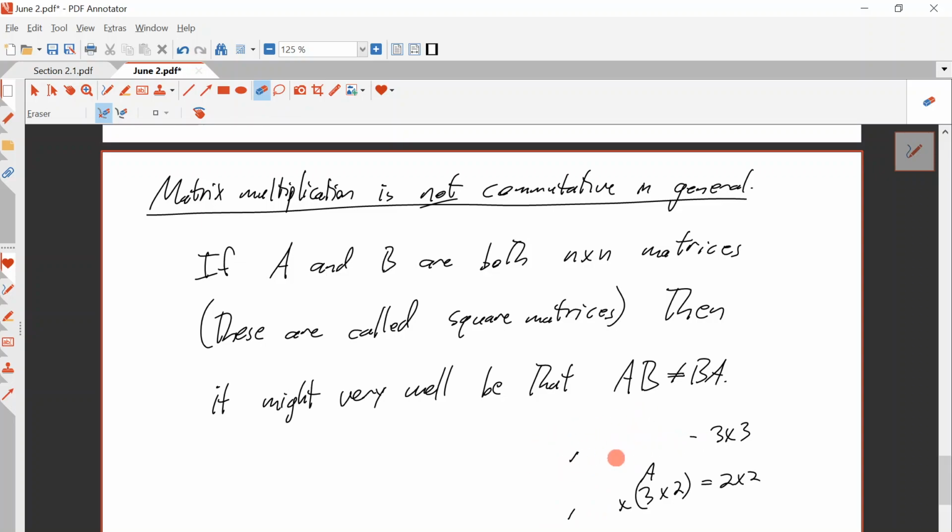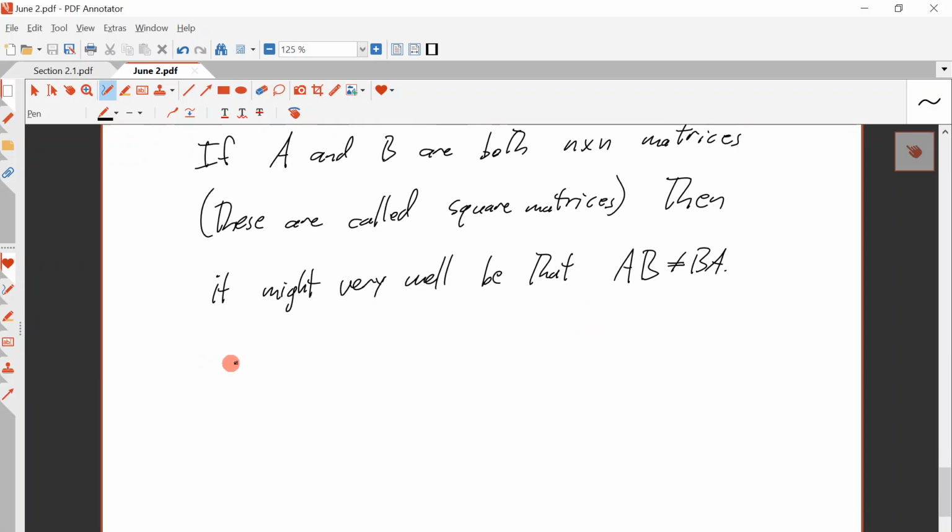But when they're square, they have the same size. And it may be the case that A times B is equal to B times A. But in general, no. And you can take pretty much any two reasonably complicated matrices, and they're not going to commute.